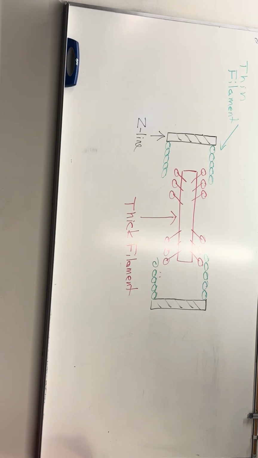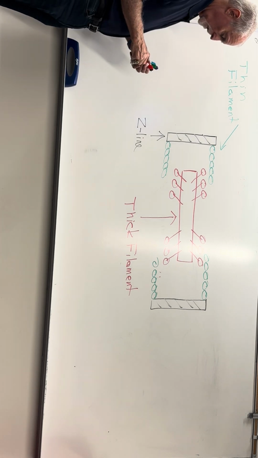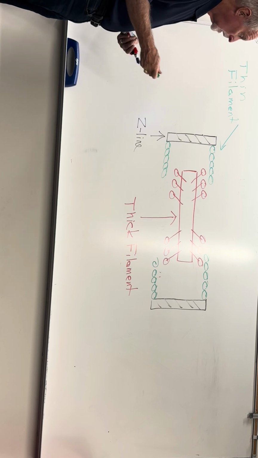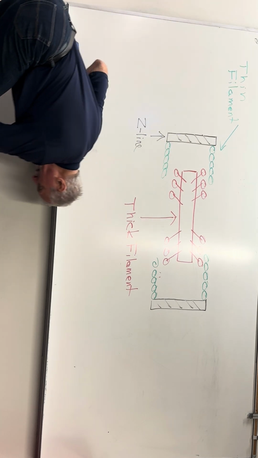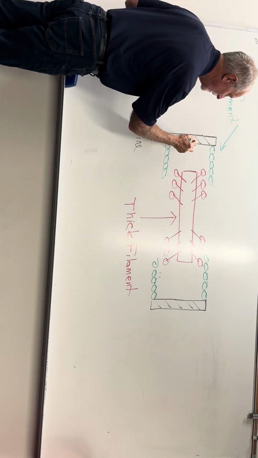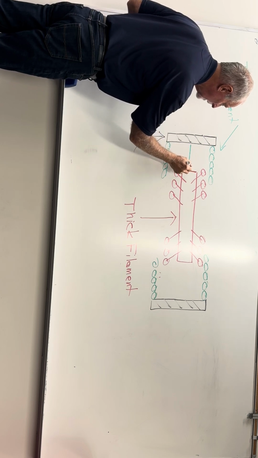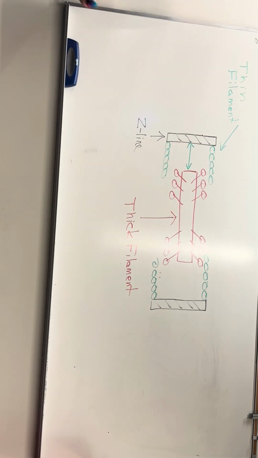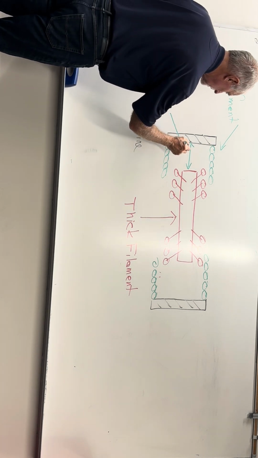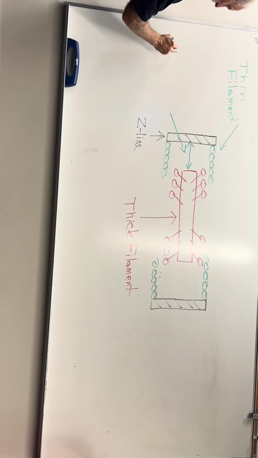All right, so we've got the Z line. So this space between the end of the thick filament on over to the Z line, we're going to call the I band, even though it's half of the I band. But for our purposes, this will work.